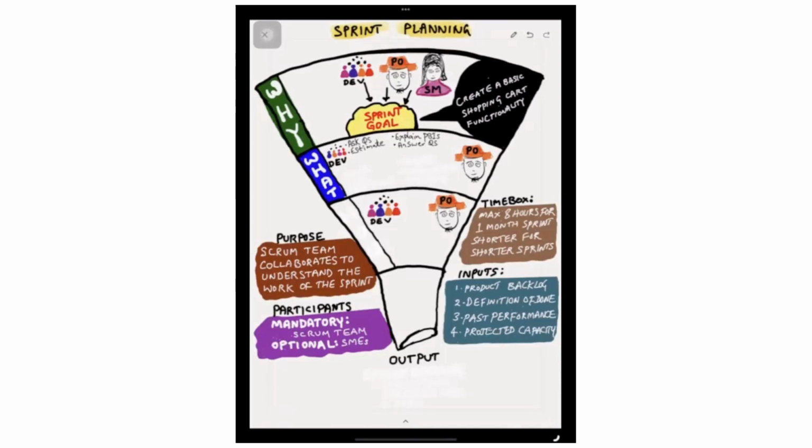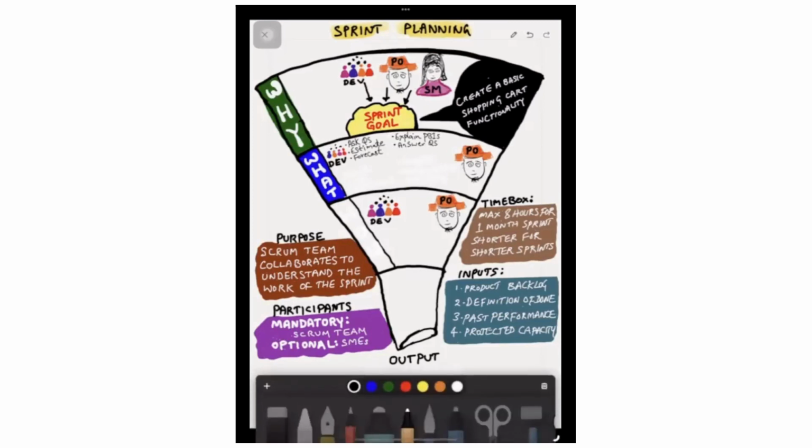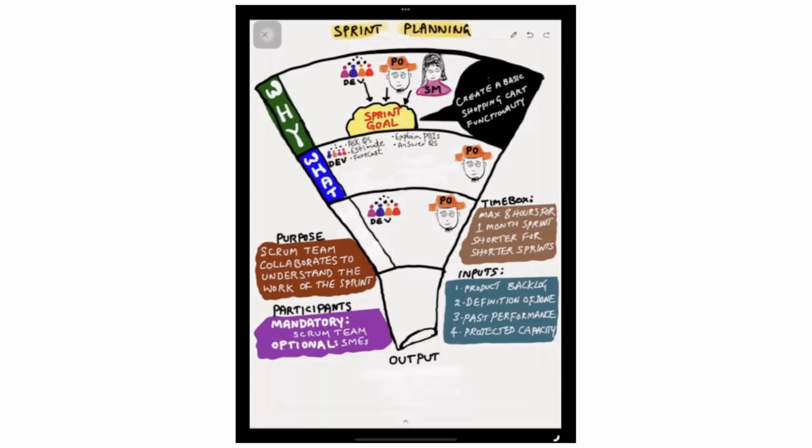So they use the definition of done as a reference. What are all the things they have to do in order to consider the item is done? Then the developers will come up with forecast. Forecast means how many items can be selected into the sprint backlog based on the past performance and projected capacity.